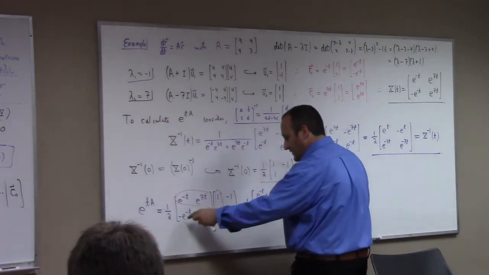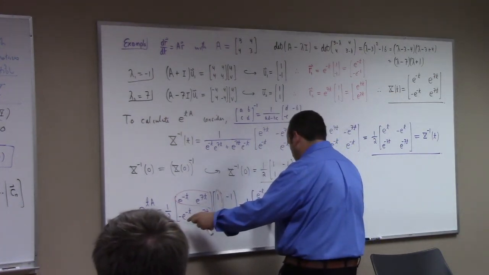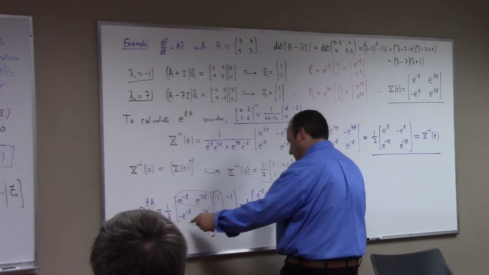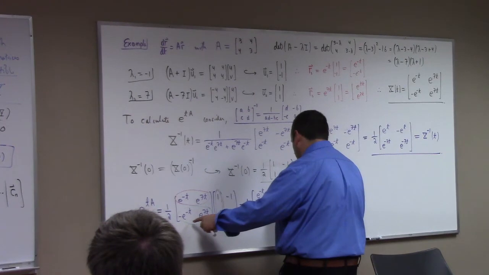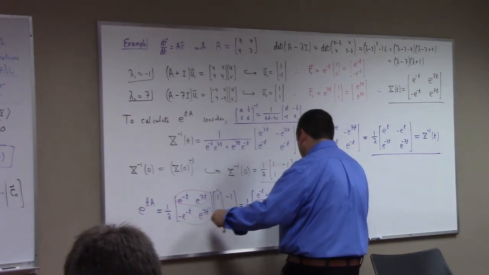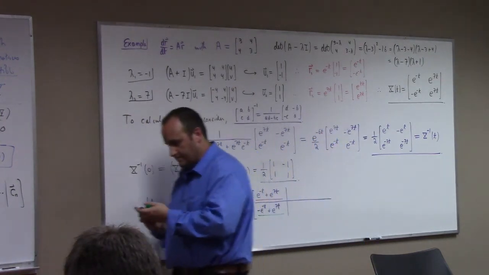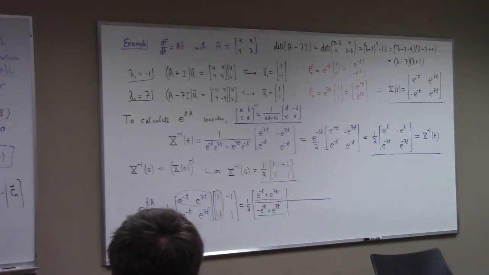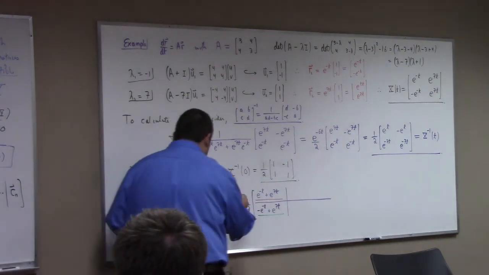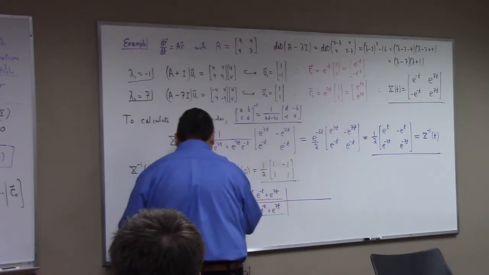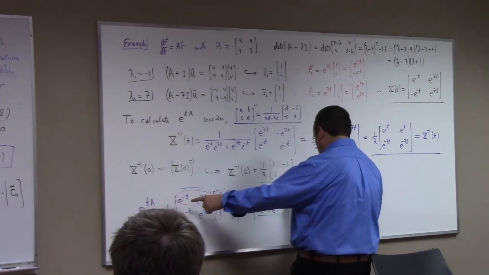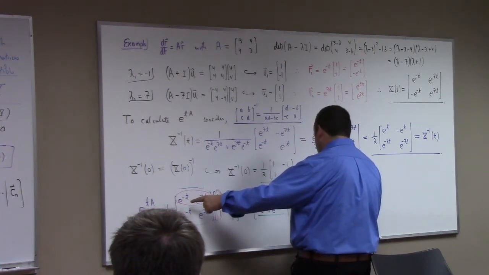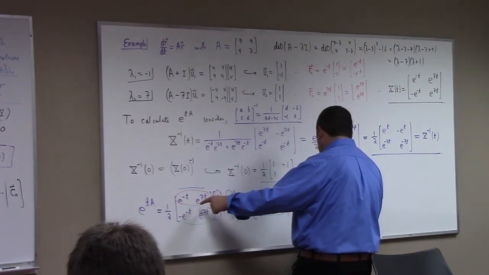So the green dot the green gives me minus e to the minus t plus e to the 7t. Next up, we'll take the second column and take the dot product with the first row. That will give me minus e to the minus t plus e to the 7t.